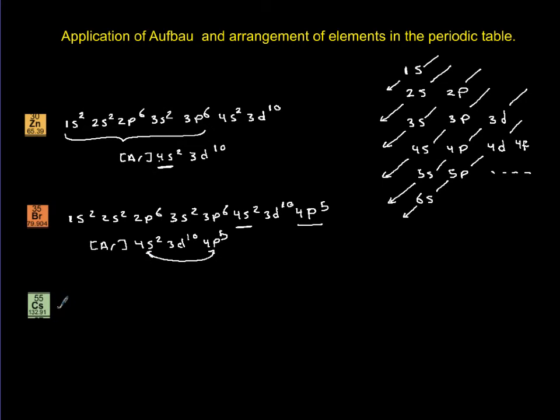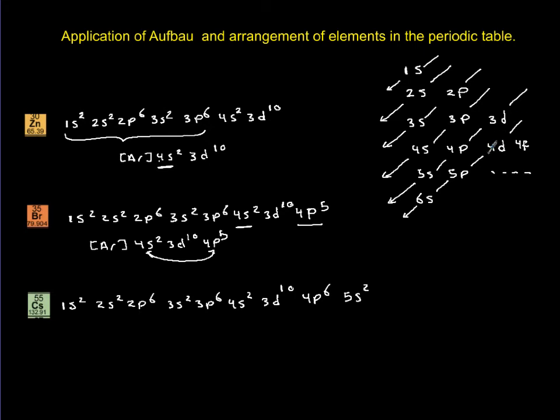Now cesium is the biggest one that you need to know in IB, so let's just fill it up. 1s2, 2s2, 2p6, 3s2, 3p6, then comes 4s, 2 electrons in it, then comes 3d, 10 electrons in it, 4p, 6 electrons, 5s, 2 electrons.